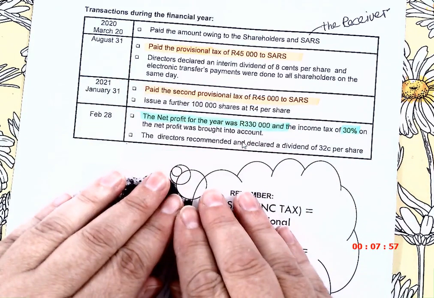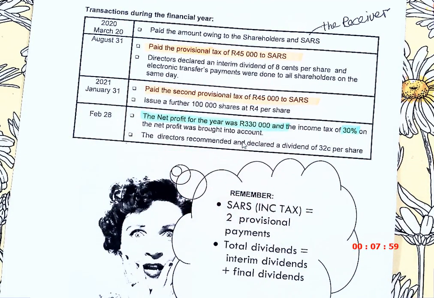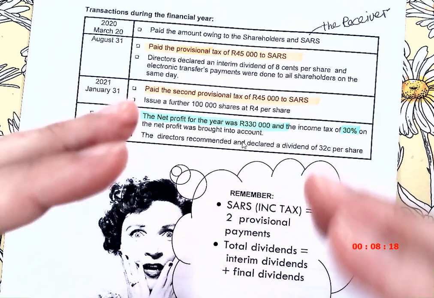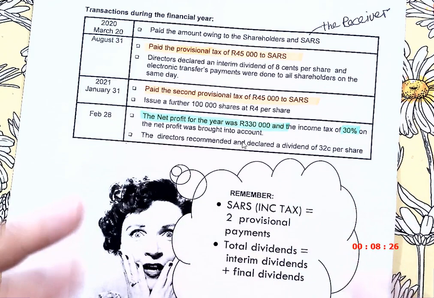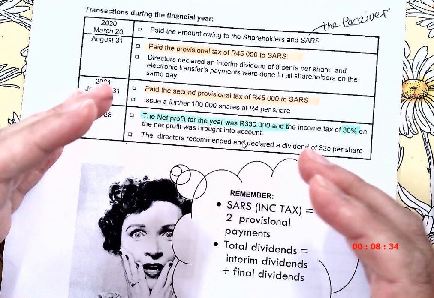So that's a stupid example, but a school actually does work like a company. Your parents are the shareholders, the management team is the directors, the principal is the CEO. It basically works on the same principle. And if you look at your management, remember I told you there are directors, executive and non-executive. So the SMT, meaning the deputies and the principal and the department heads, they are executive management.